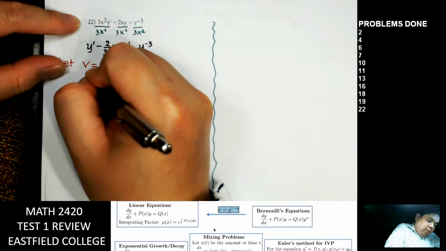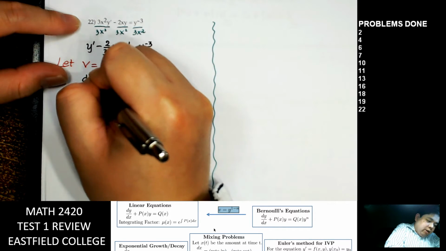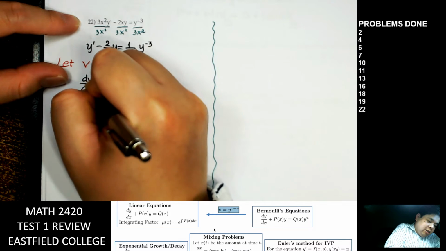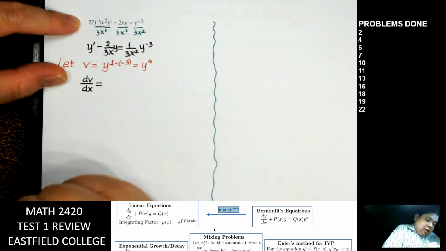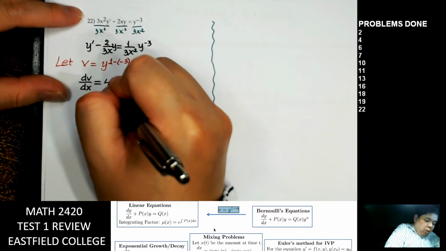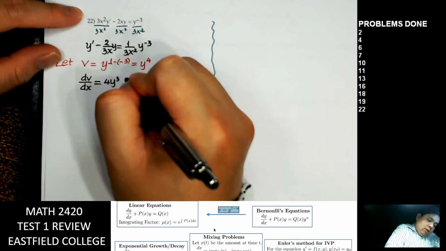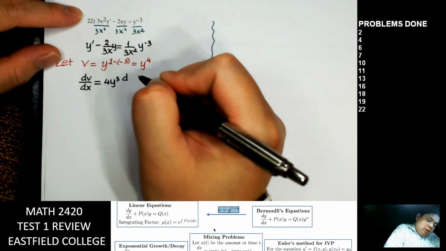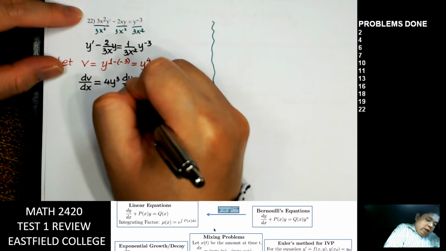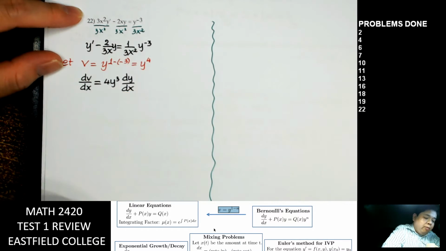So v prime, or we write dv over dx, equals 4y cubed dy over dx. This is the chain rule.